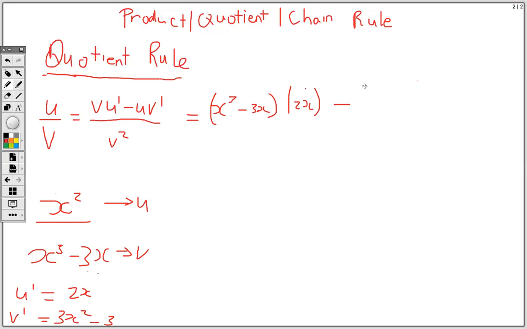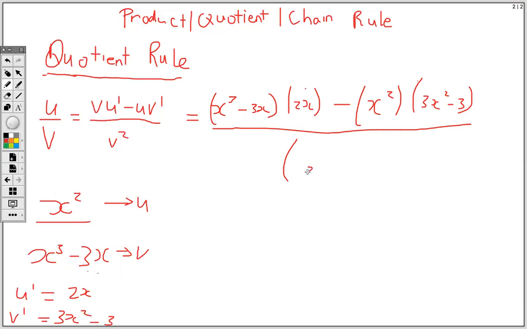My u is x squared, and my v prime is 3x squared minus 3, all over v, which is x cubed minus 3x all squared.